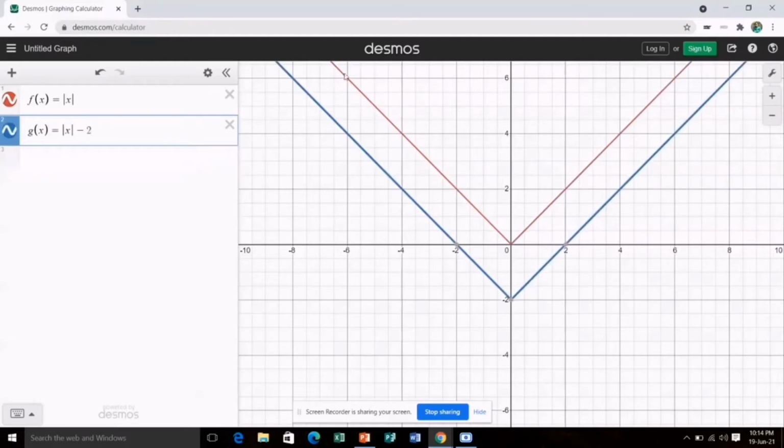See the pattern of the graph. The pattern of the graph shifted downward. See? It shifted to negative 2, 0, and 0, negative 2. So this is the vertical shift for the graph.